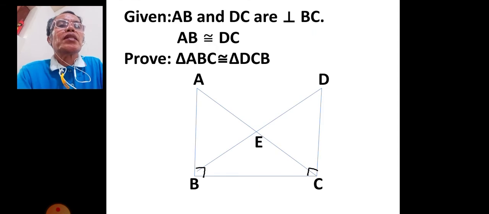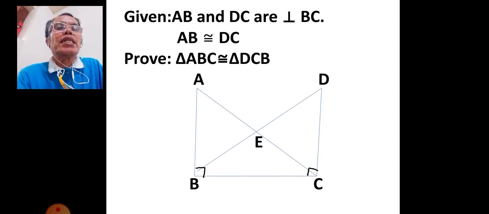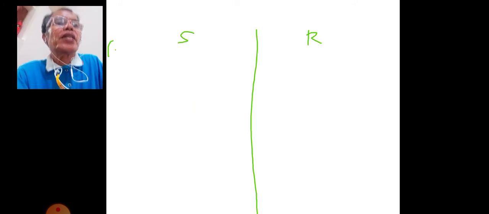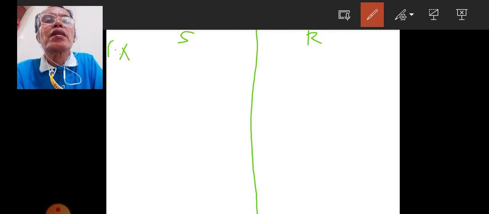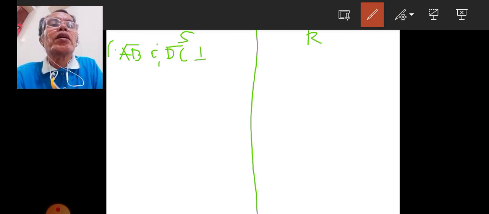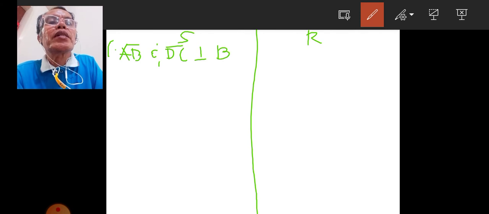So what is in the given? AB and DC are perpendicular to BC. So that is AB and DC are perpendicular to BC. Let me check.